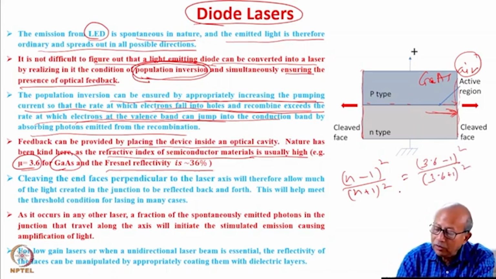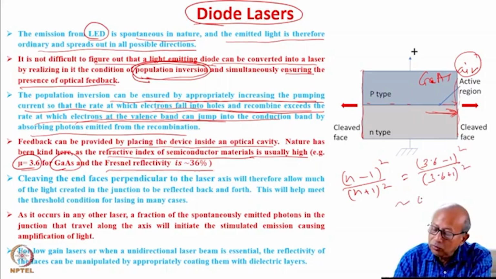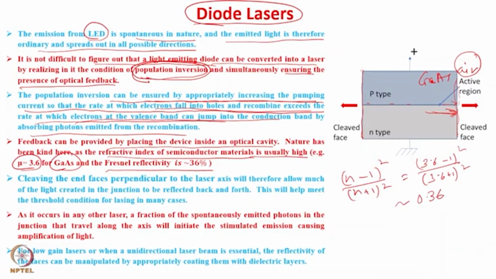If you calculate, it will come to about 0.36 or maybe 0.35. So the Fresnel reflectivity is 35%. That means if 100 photons shine onto this surface, 35 of them would be reflected out of 100. So this 35% reflectivity is good enough.